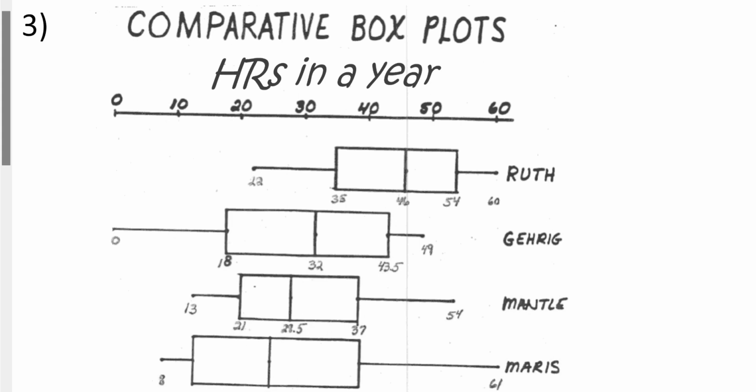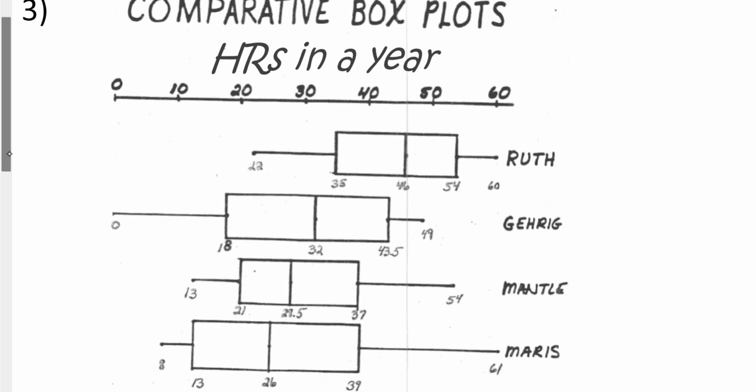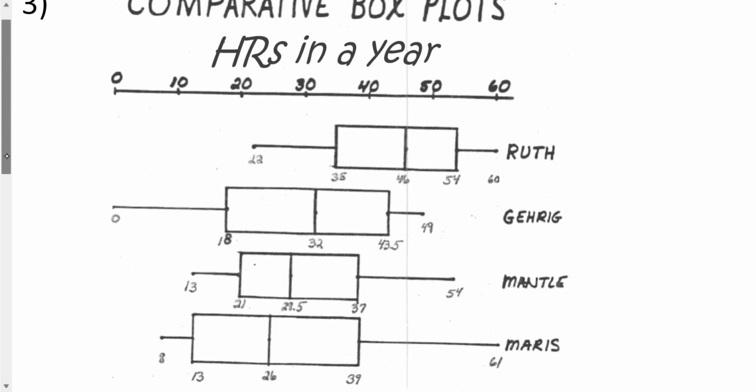Here's another one. If you're comparing some of the greatest hitters of all time, Babe Ruth, Lou Gehrig, Mickey Mantle, Roger Maris, I think it is. We have their home runs in different years, and you can see all of their years lined up. Maris has the highest, but it seems like it's almost an outlier.